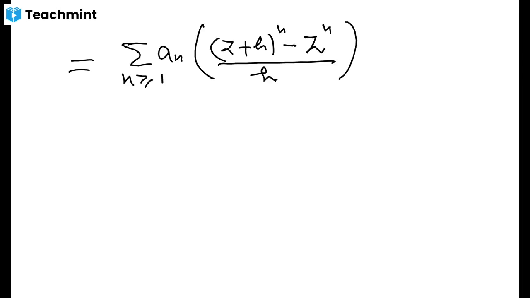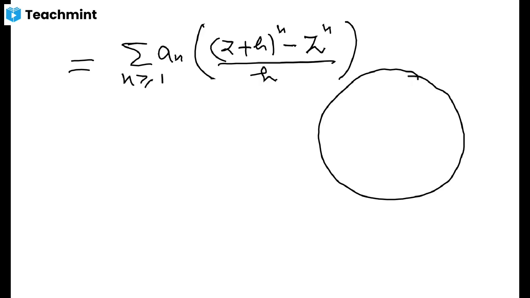We are again going to fix things here, because this is your disk of convergence. You have z here, and the selection of z plus h is such that z plus h is again in the disk of convergence.